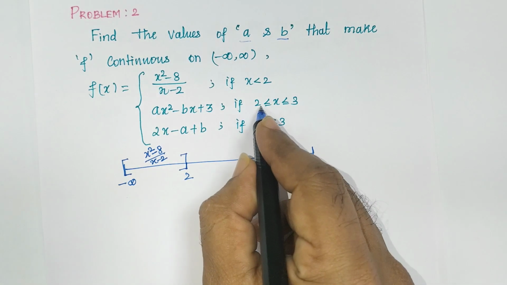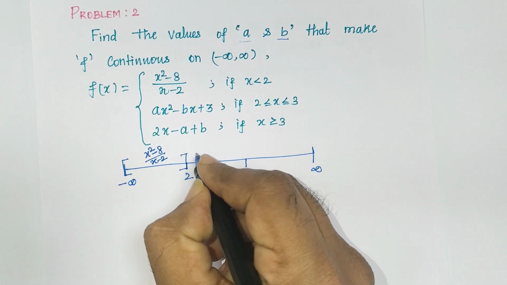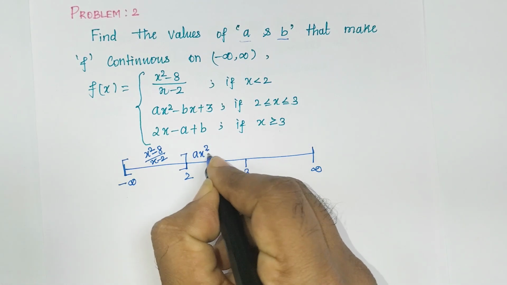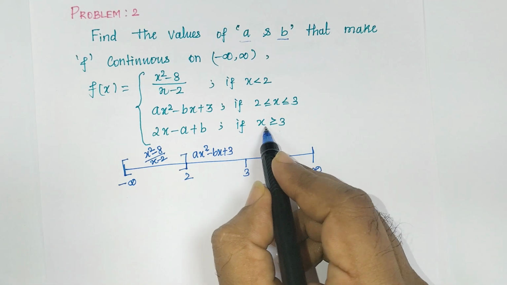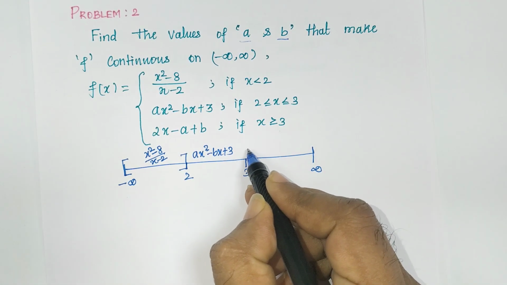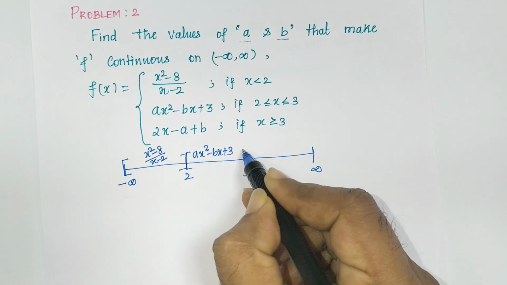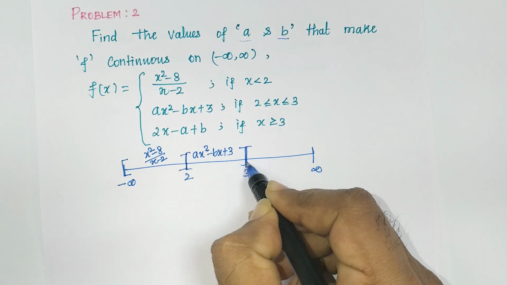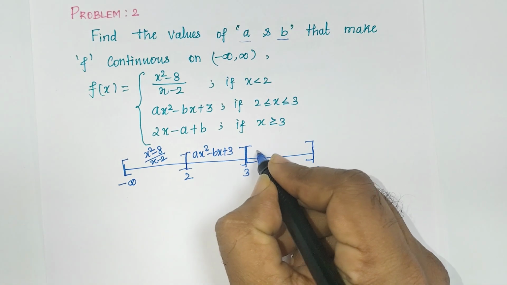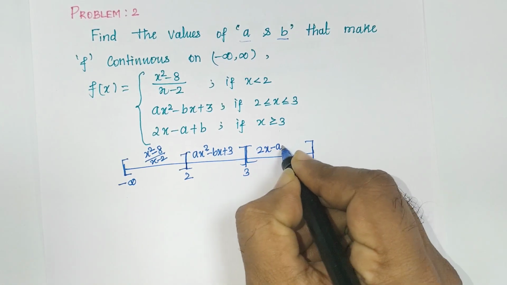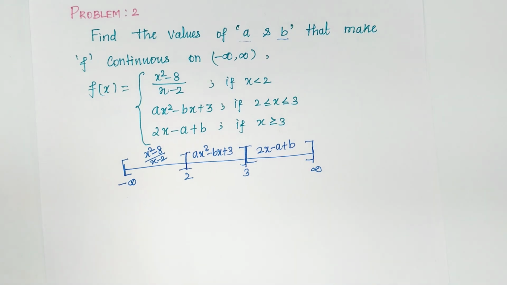Here 2 to 3, 2 less than or equal to x, less than or equal to 3, means your function is ax square minus bx plus 3. And x greater than or equal to 3, that means we take 3 to infinity. So this is our function 2x minus a plus b.